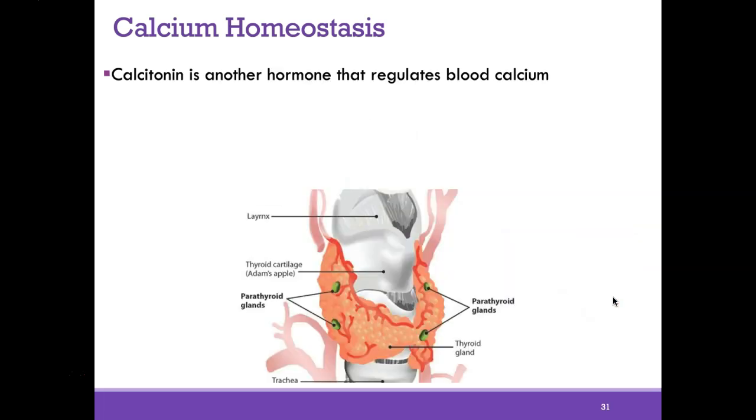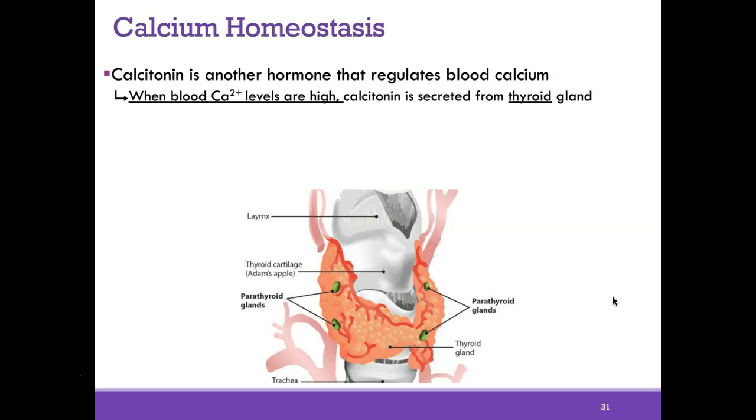Next, we could talk about calcitonin. Calcitonin is produced by the thyroid gland, and this is when blood calcium levels are high. So when blood levels are too high, we want calcitonin to be secreted from the thyroid gland.